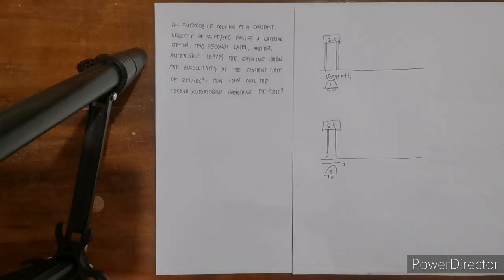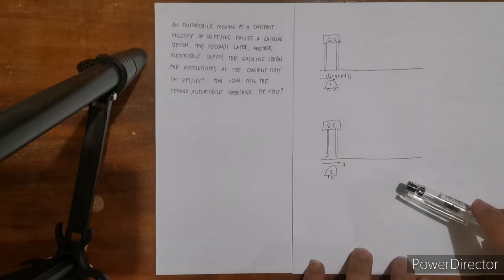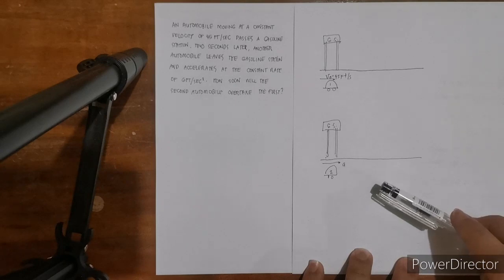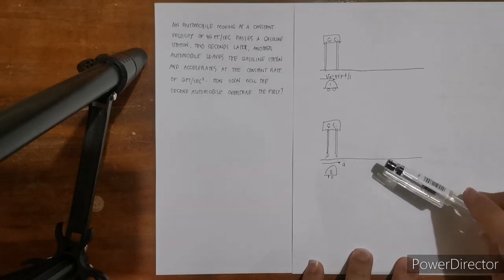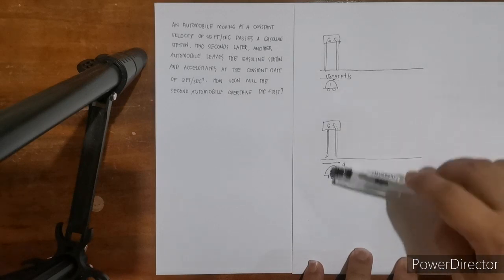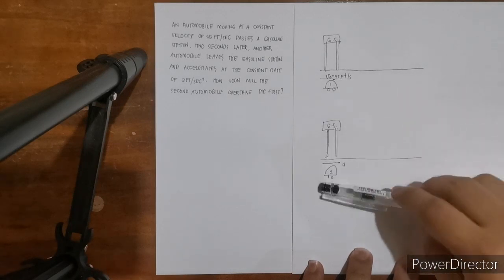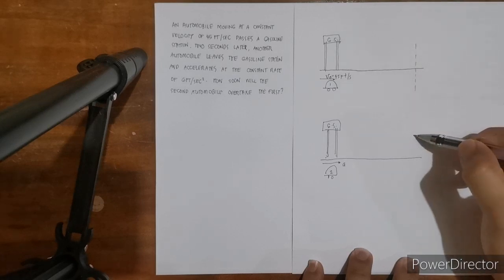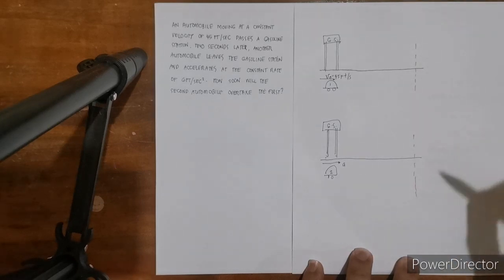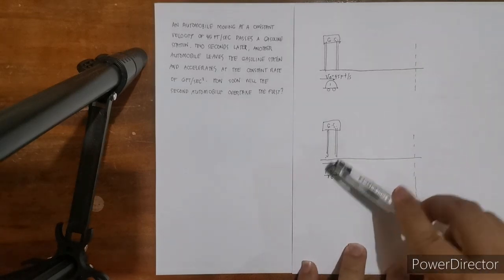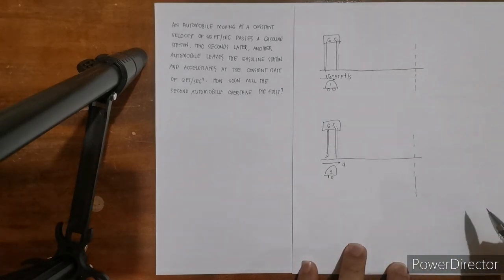Okay, another solution for this given problem ay eto mismo. We'll consider lang mismo na yung dalawang automobile natin ay mag-i-start at the same position, which is the gasoline station, and then let's say na ito yung meeting point nila. That will be the point wherein the second automobile will overtake the first automobile.